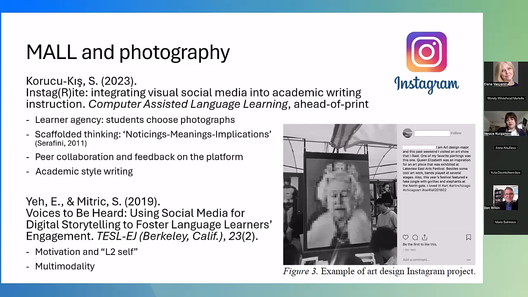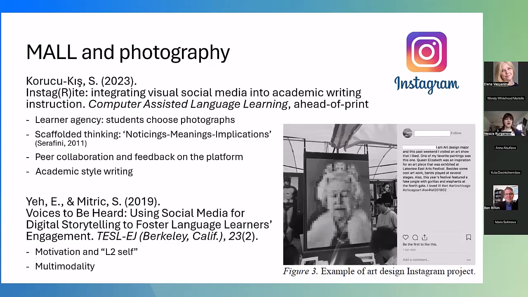I don't think that it always is the best option for things like peer feedback. So for example, in this paper right here, Instagram was used to help with academic genres, with academic essays, and students would post screenshots of their essays on Instagram.